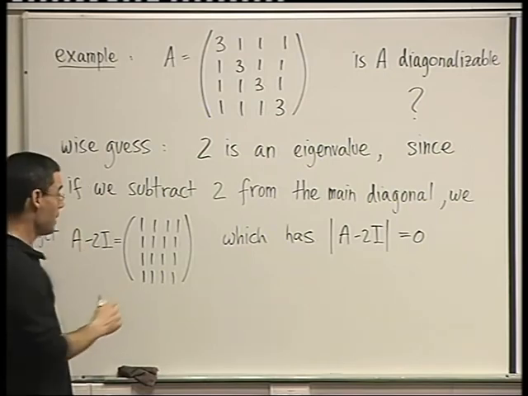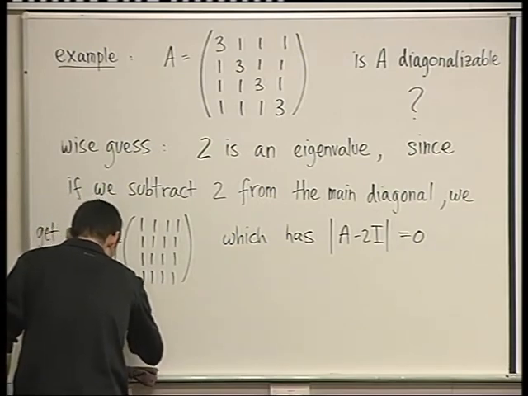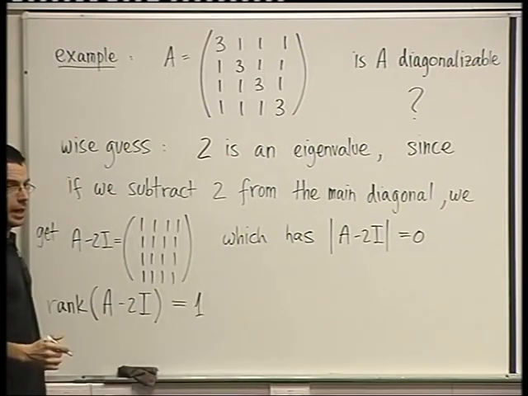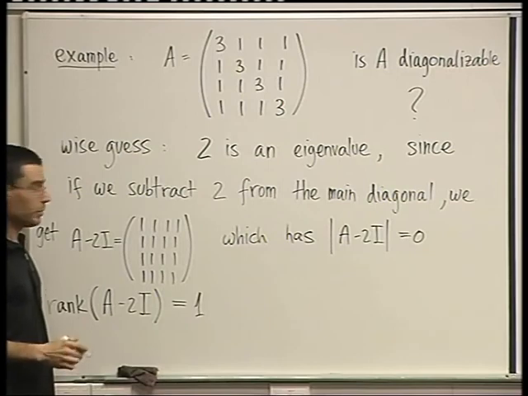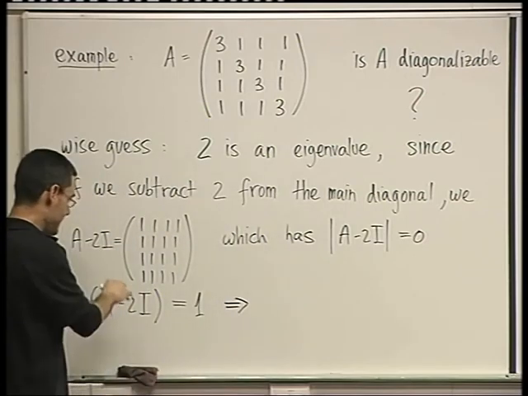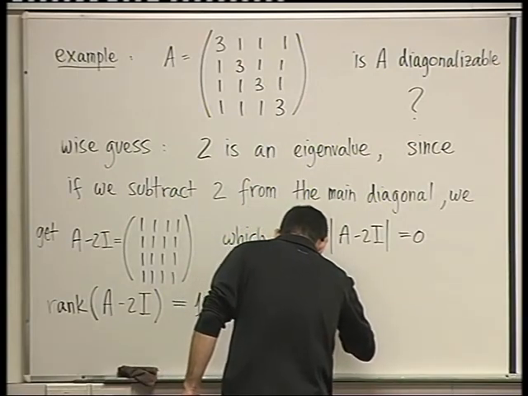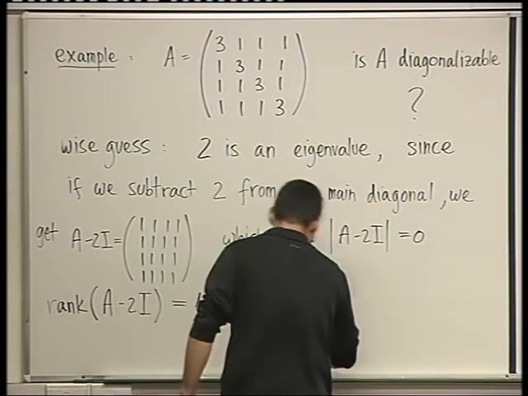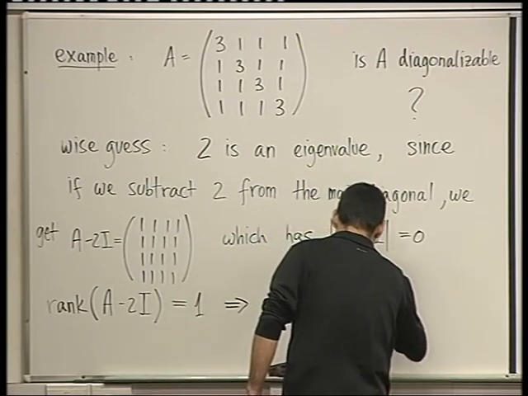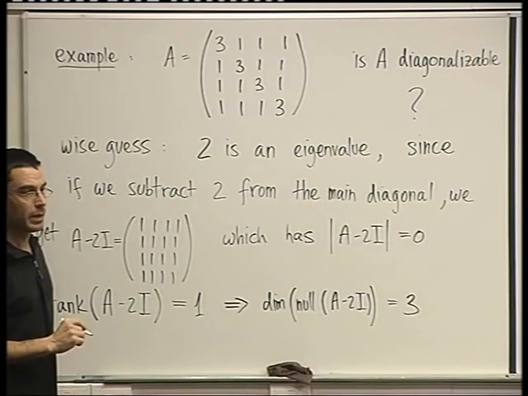Do you agree? So let's write that. The rank of A minus 2I equals 1. There's only one linearly independent row here. All the rest are multiples of it. Therefore, the dimension of the null space, or the kernel, is 3, right? They need to add up to 4. That's the rank-nullity theorem.